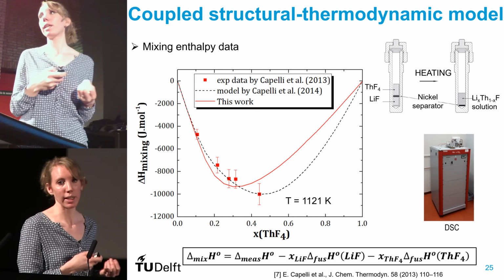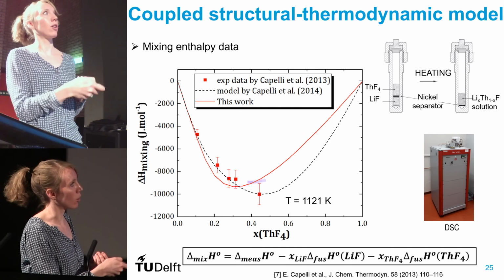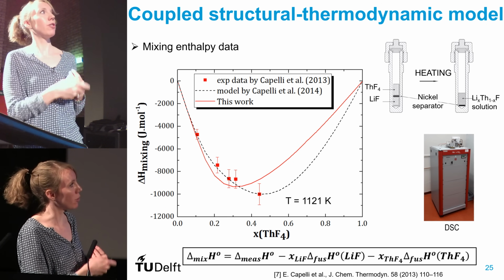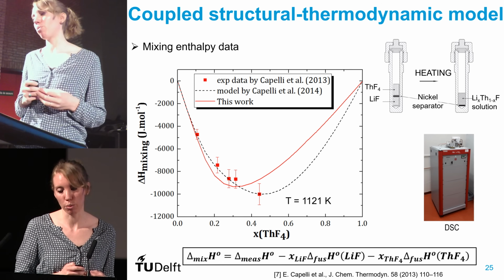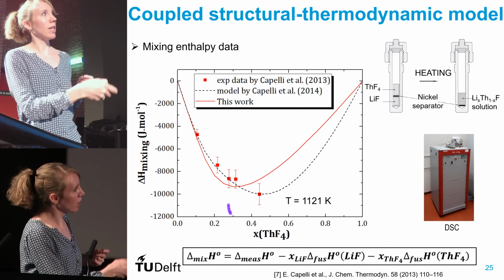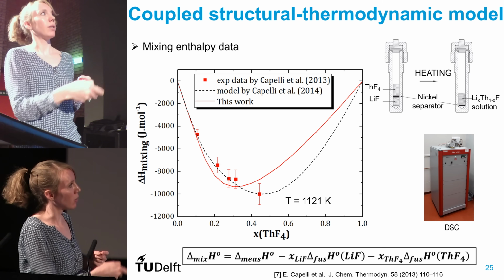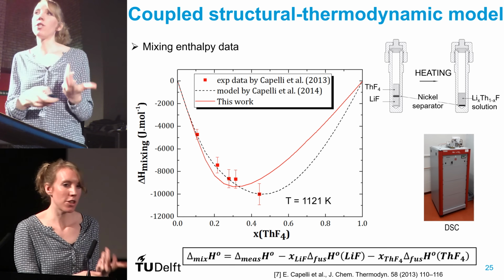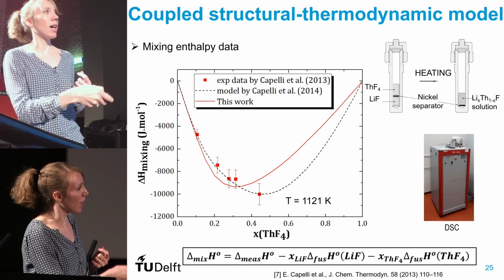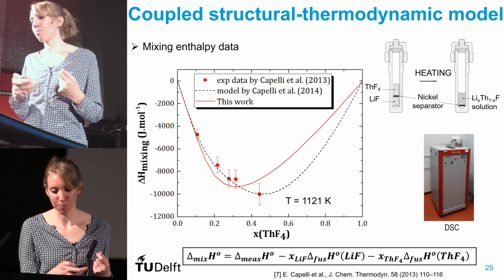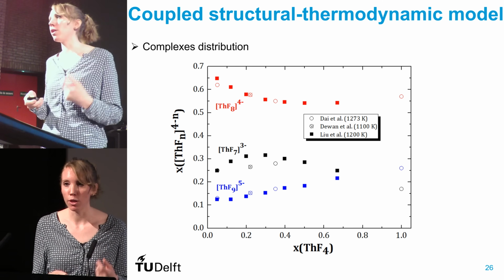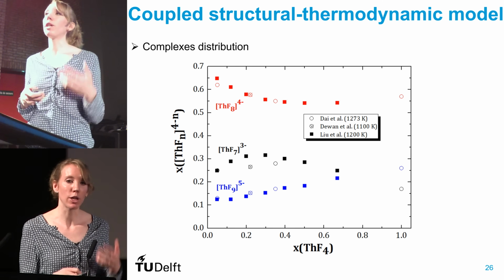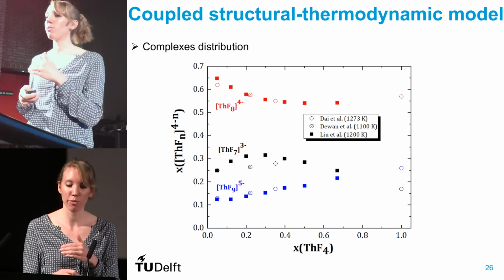And now in red is our new model with these complexes, and you see that the agreement is still pretty good with these experimental points. There's a slight deviation here, but the error here is a bit bigger. It gets more challenging to measure samples with a high ThF4 concentration.